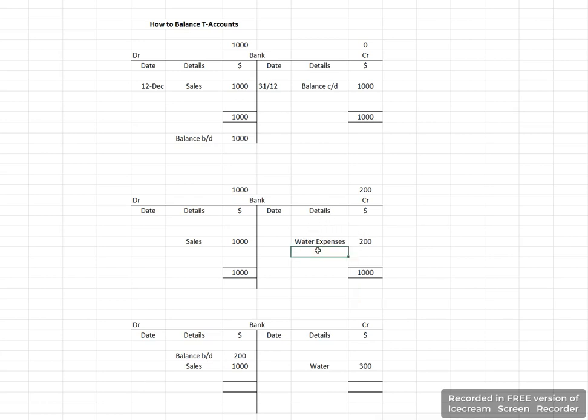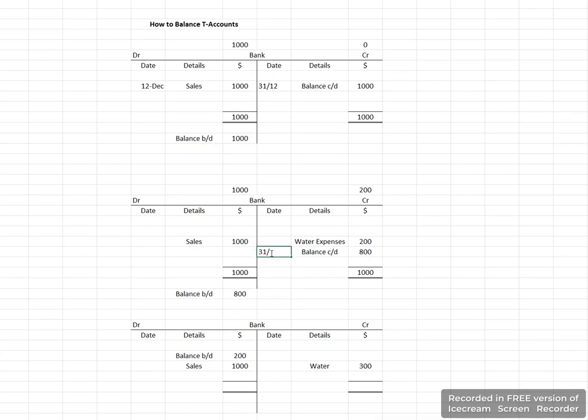So you need to put a balance CD and you put the missing figure, which is 800. Balance CD is 800. That means balance BD will come on the opposite side for 800. Remember, whatever your balance CD is, it'll be balance BD on the opposite side.